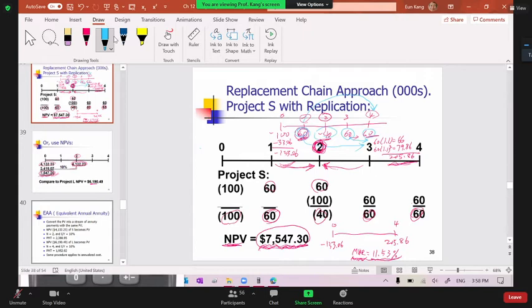Did you multiply it by 1.1 or did you leave it at 60, if it's moving to the end? This one? You're talking about this one? You don't have a cursor. Okay. So this one. This one is the year one value, right? So you compound this one for 3 years. So this one, 60 times 1.1 cubed.